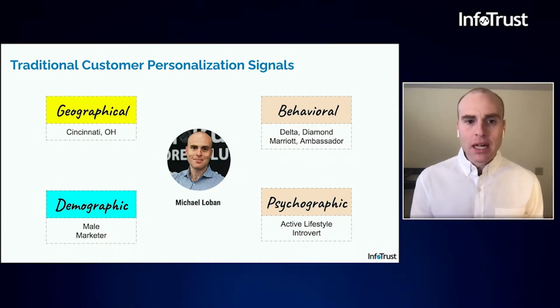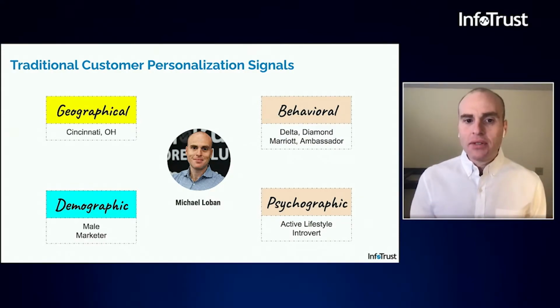Now, on this slide, we can see information about me. I'm Michael Lobin, and if we start segmenting information about me by geography, by my behaviors, by my psychographic, by my demographic, we can get a lot of interesting details about where I live, Cincinnati, Ohio. I fly via Delta, or at least I used to when I was able to.